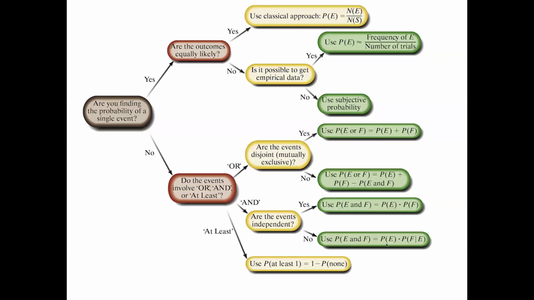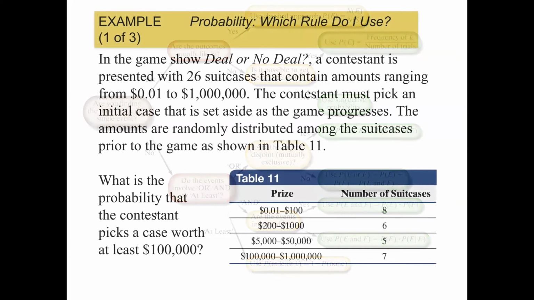If they're not, we have to use the general multiplication rule. And then of course, if you see the words at least, you have to use one minus the probability of none, which is given usually in any kind of problem of this kind.